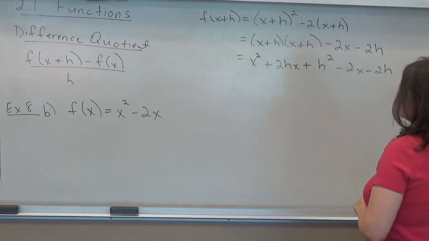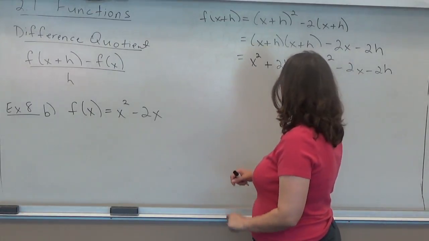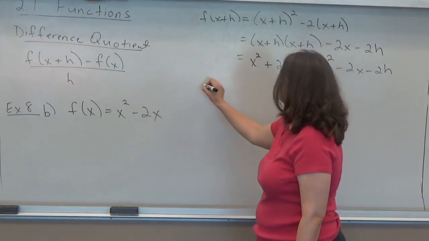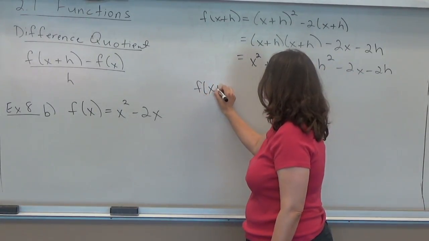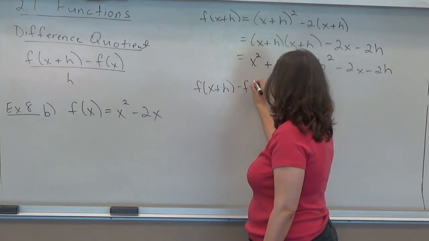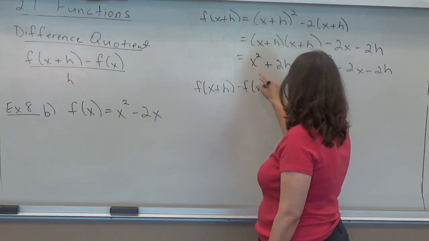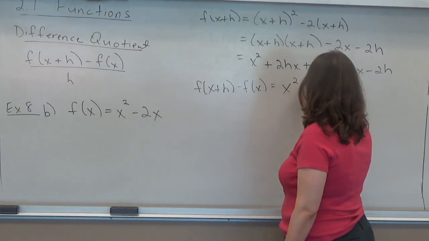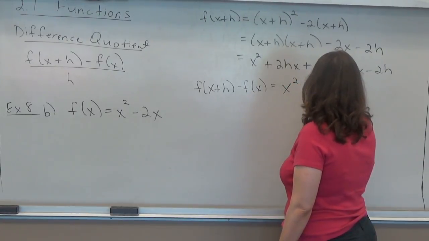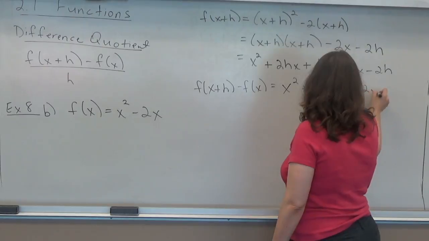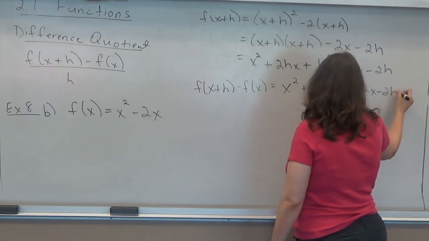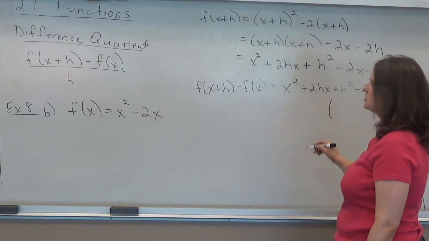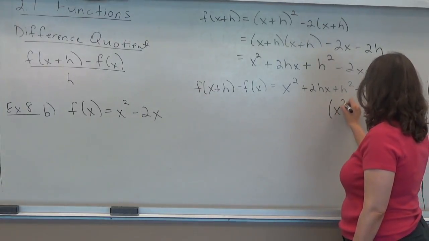Now we're going to subtract the original function from what we just found. So now f of x plus h minus f of x gives me what we just did, minus the original function x squared minus 2x.